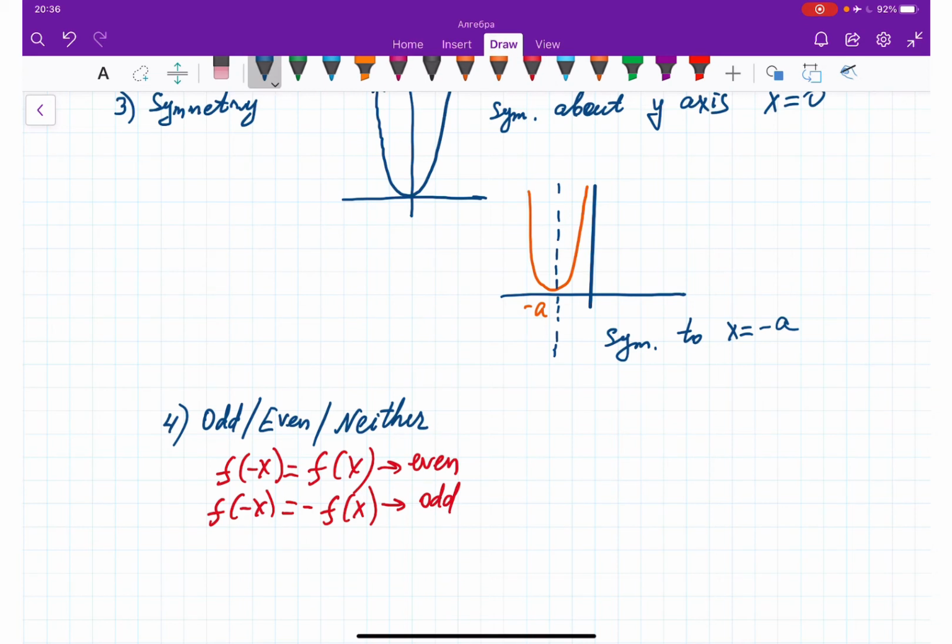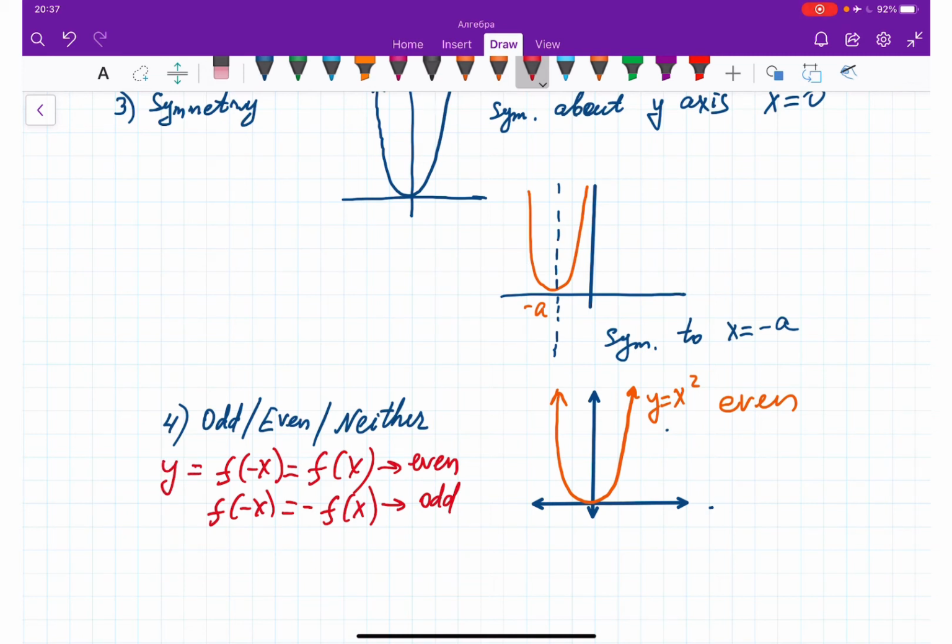Okay, our graph is y equals x squared, and its parabola is obviously even, because we said if I take positive x or negative x, y is going to be the same, right? Because f of x is nothing else but y.